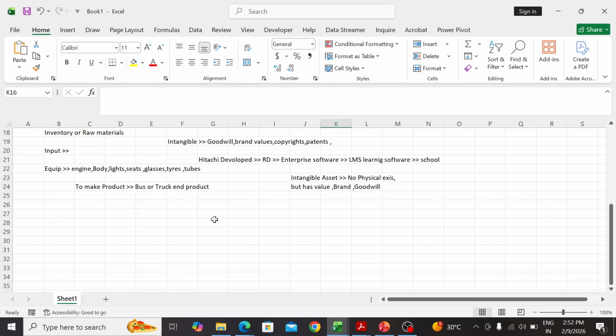And one more most important point is, whenever you do any kind of business in any country by establishing a company, say for example Tata Motors is a company, they are investing public money, they are taking public investments in the form of shares.